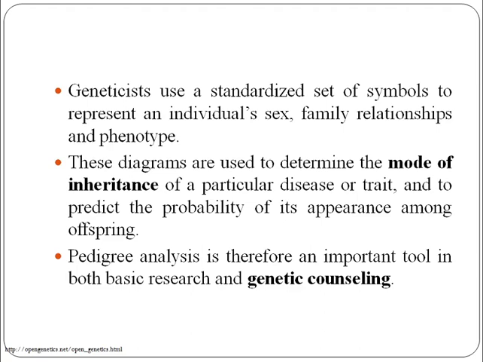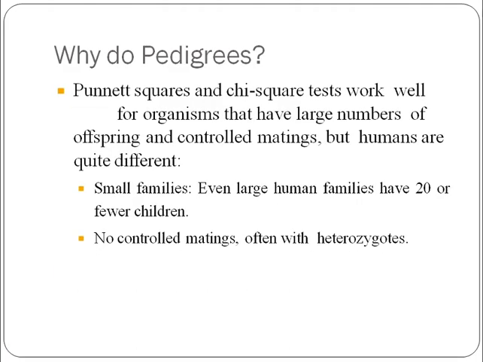So we just use these diagrams to find out how the trait or any disease is being passed in a family, how many individuals are affected by the trait, and what is the probability of that trait being passed on to the children. So pedigree analysis is an important tool for both basic research and genetic counseling.